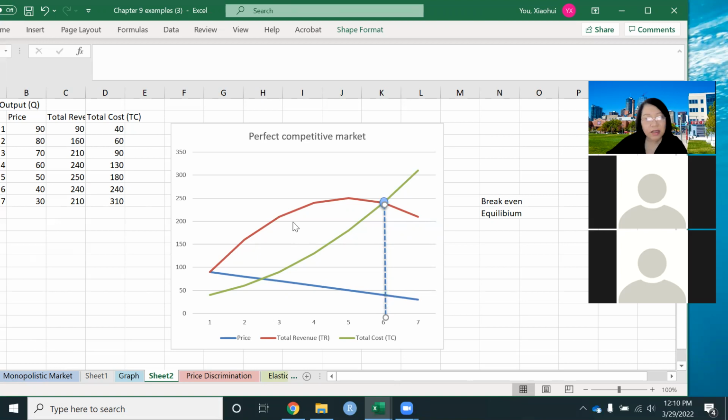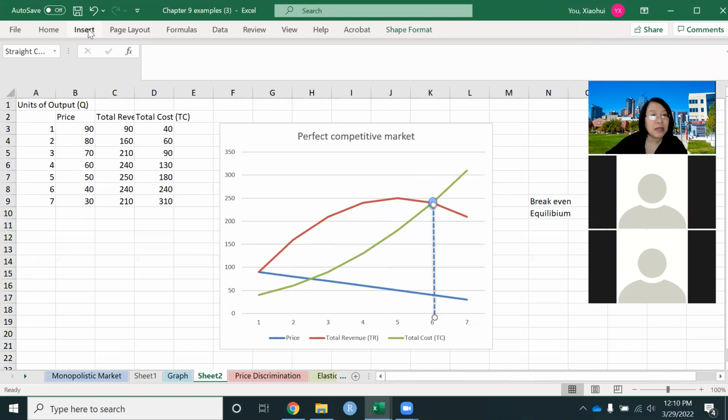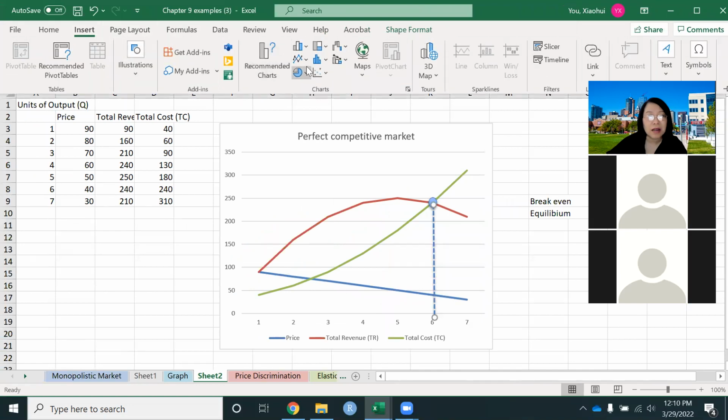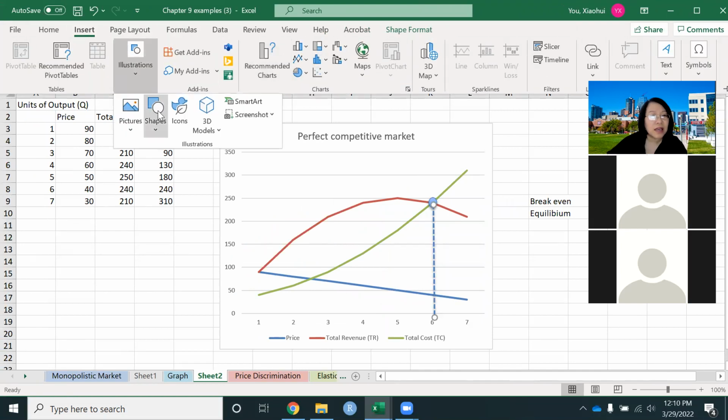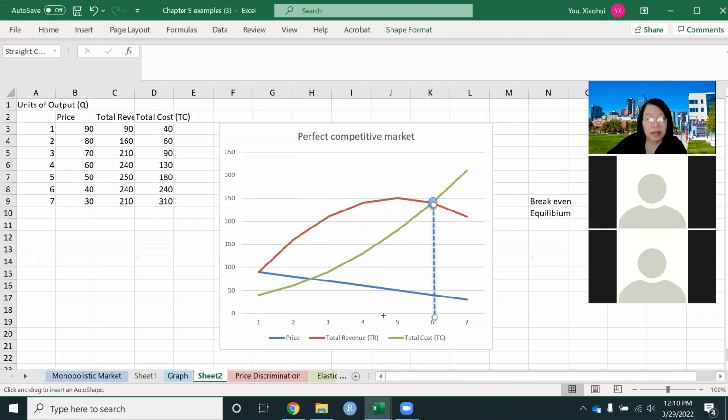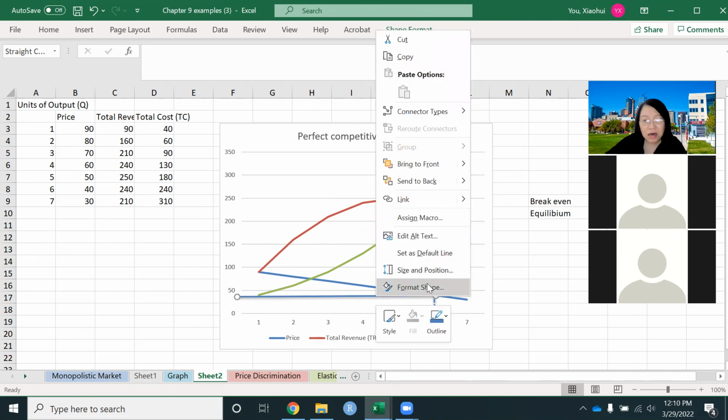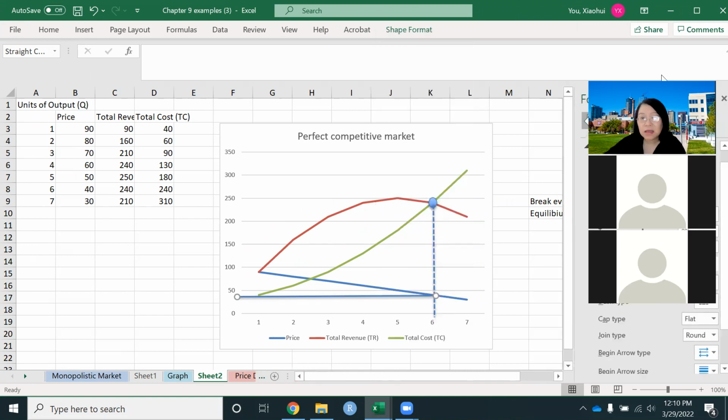So the price should be, let me check the price. Still add a line here. See, intersection, right? This line should intersect the y-axis about here. How much? Can you guys tell me?